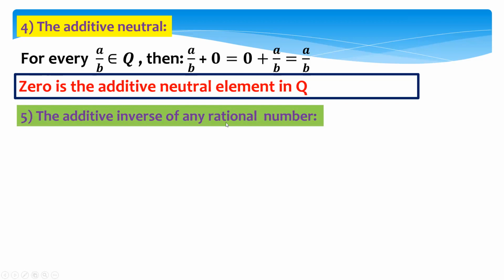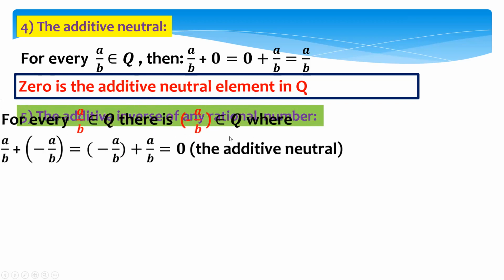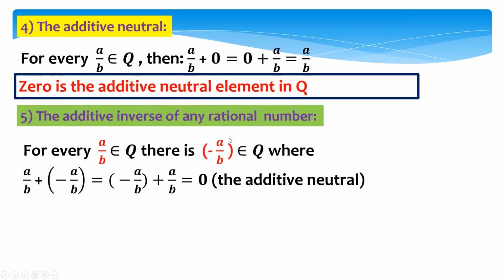The additive inverse of the rational number. When I have a over b belonging to Q, there is negative a over b belonging to Q, where a over b plus negative a over b equals negative a over b plus a over b. When I have 1 over 2 plus negative 1 over 2, I will be adding a positive rational number with a negative rational number, and the answer would be 0.